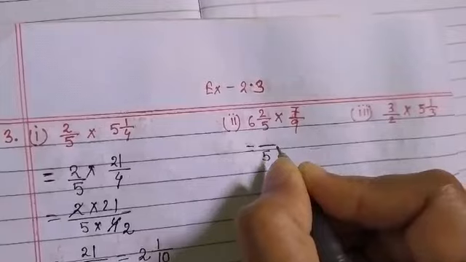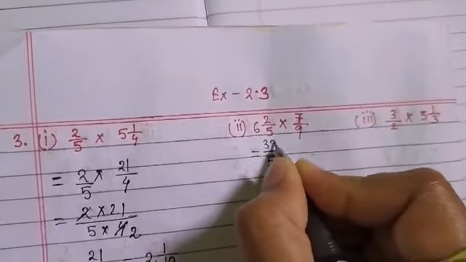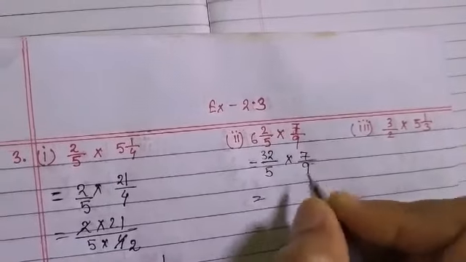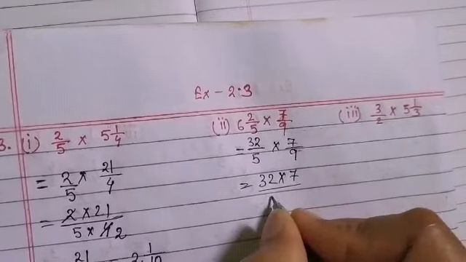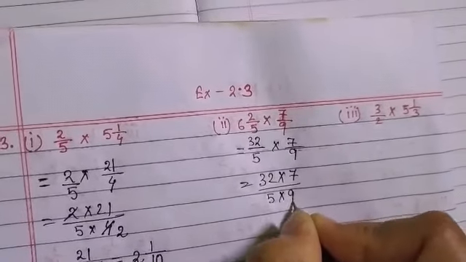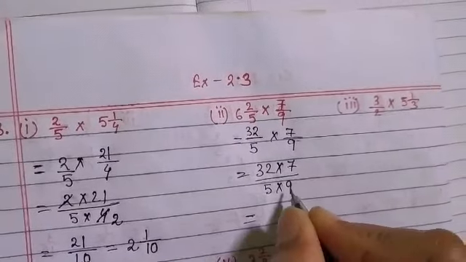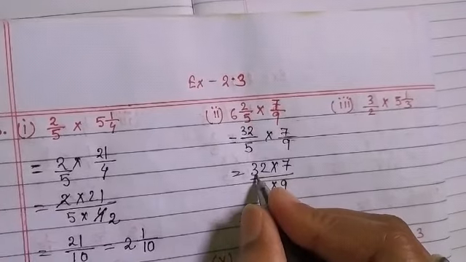It is also converted into an improper fraction. 6 5s are 30 plus 2, that means 32 into 7 by 9. Then 32 into 7 by 5 into 9. Then by 5, the 7 and 32 cannot be cut.